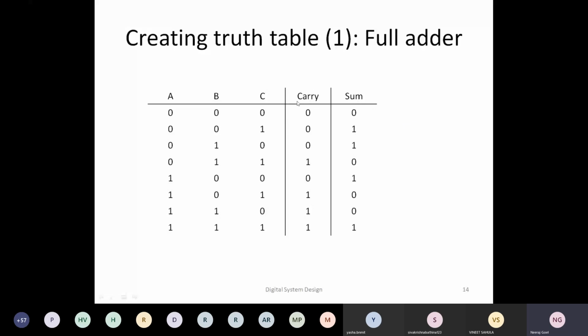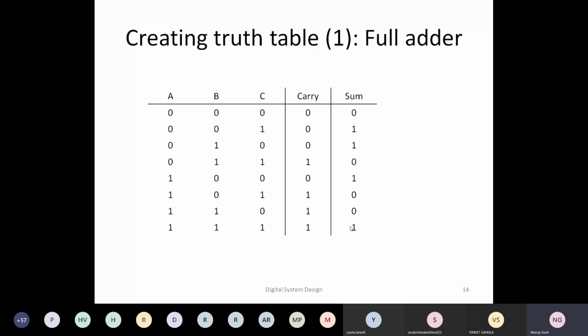This way, because we are applying all the combinations, we find out the output of function sum and function carry. Here there are two output functions, the inputs are the same, ABC, but the two outputs are sum and carry. And for each of sum and carry, we can have a different function describing that particular behavior.